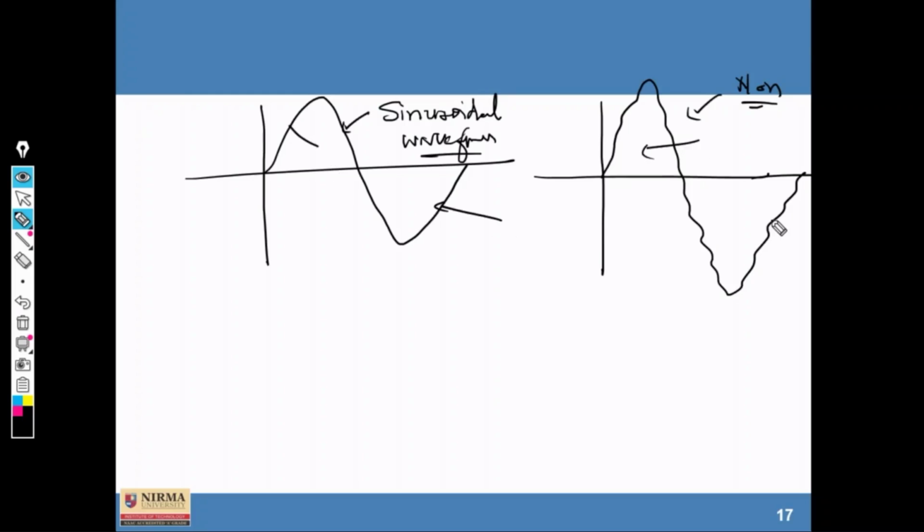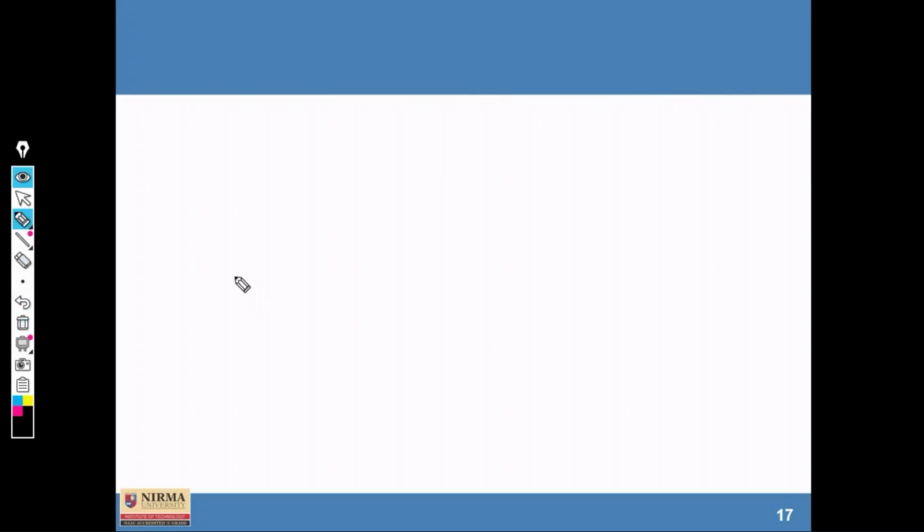If positive and negative half cycles are not symmetrical, then it is unsymmetrical. So today we are going to discuss the analytical method for RMS value.